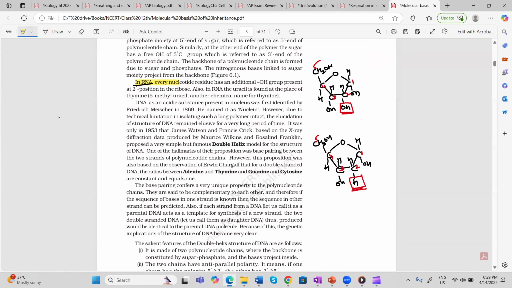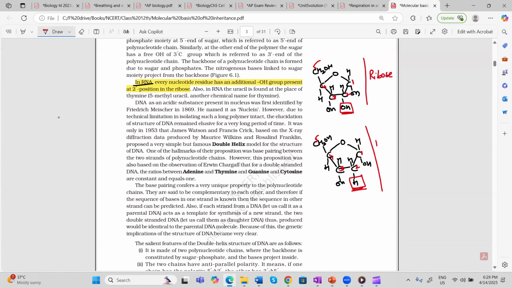In RNA, every nucleotide has an additional OH group present at the second position in the ribose. So this is the ribose sugar. And this is which sugar? Deoxyribose sugar. This is the only difference.